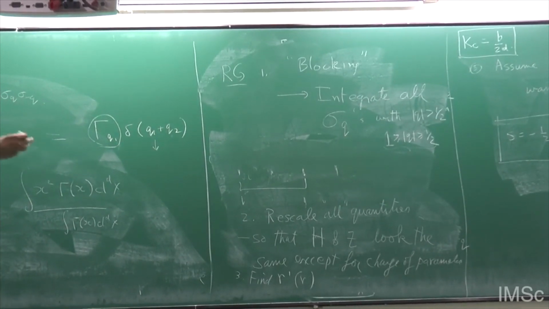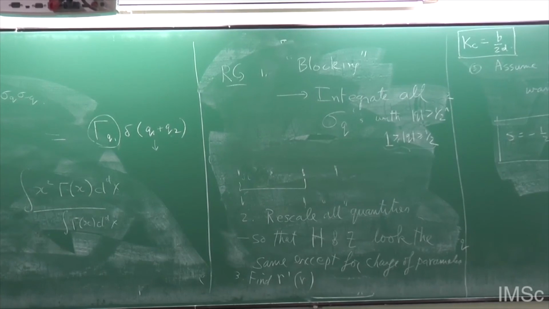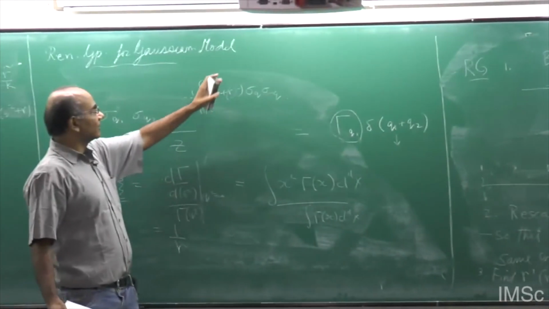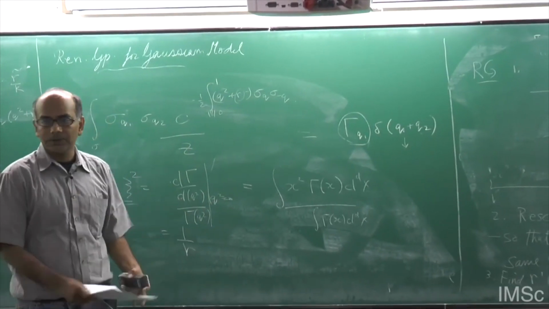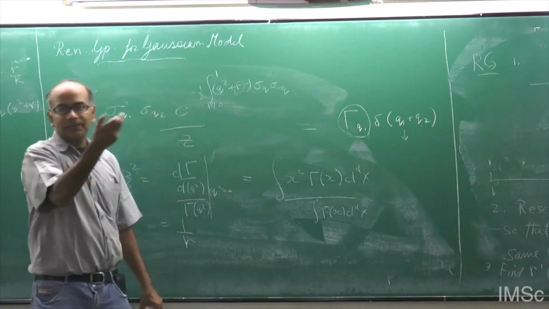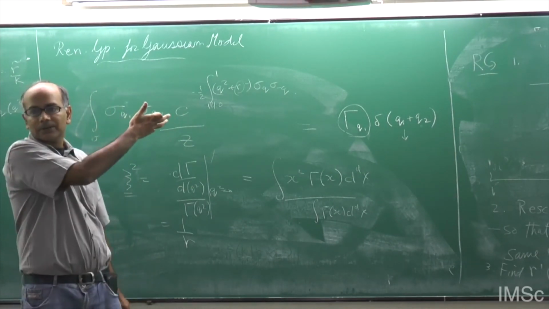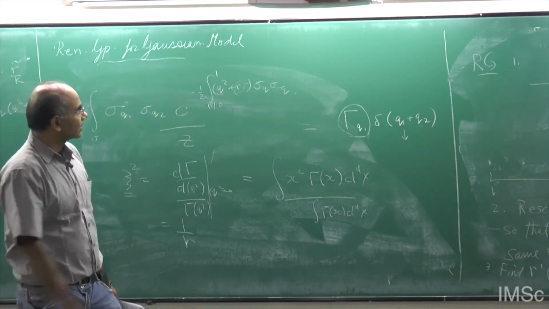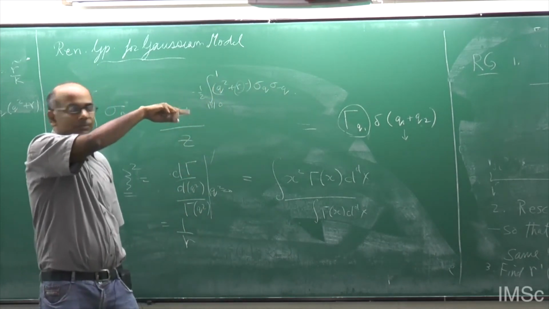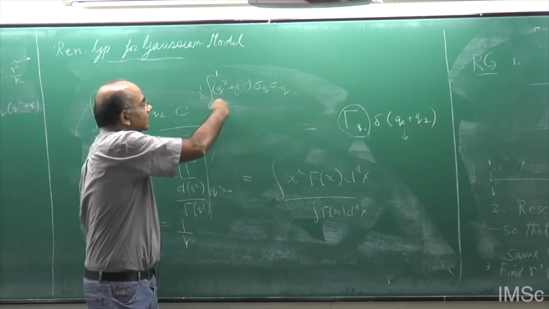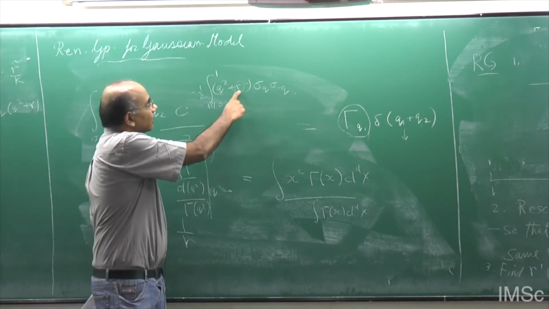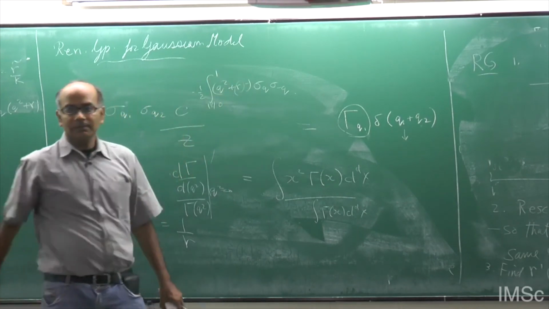So after you do this integration, your Hamiltonian will look different because, first of all, the range will be different, and so on, right? So you have to rescale your variables, whatever the variables are in your theory, in such a way that the final Hamiltonian has exactly the same form: the same range of integration, the form of this type, q squared, and the only change is that the parameter can be different.